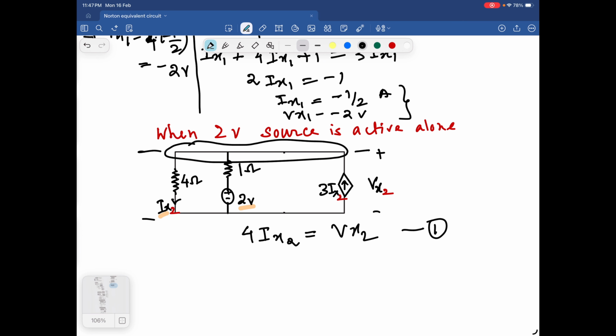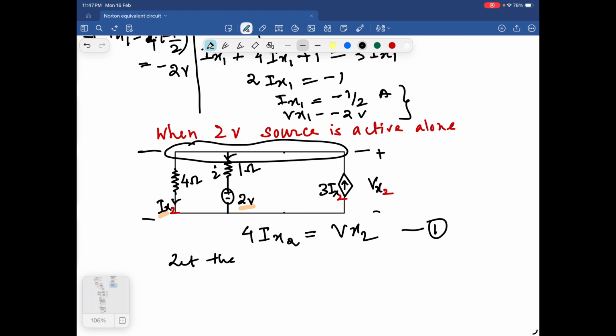Another equation is the current flowing through 1 ohm. The potential here is Vx2 and here it is 2 volt.